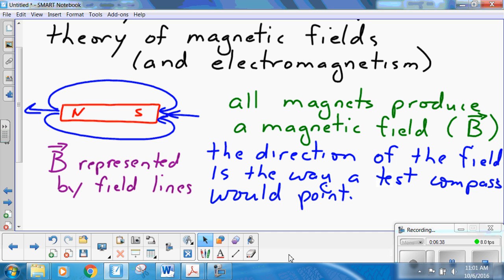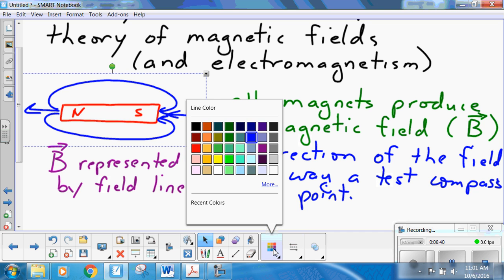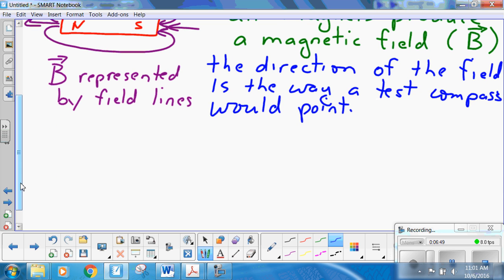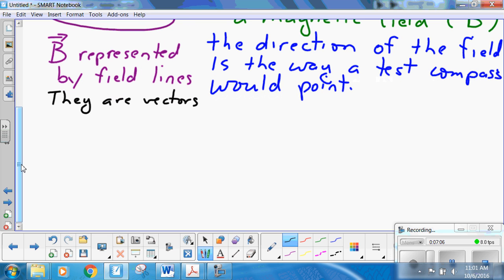And I just made those the wrong color, so if I go back and change these to purple, there we go. There's my field lines. Now, note these are vectors. And like all field lines, the closer they are together, the stronger the field. Now, give you a moment to get that. When you're ready, go on to the next page, please.